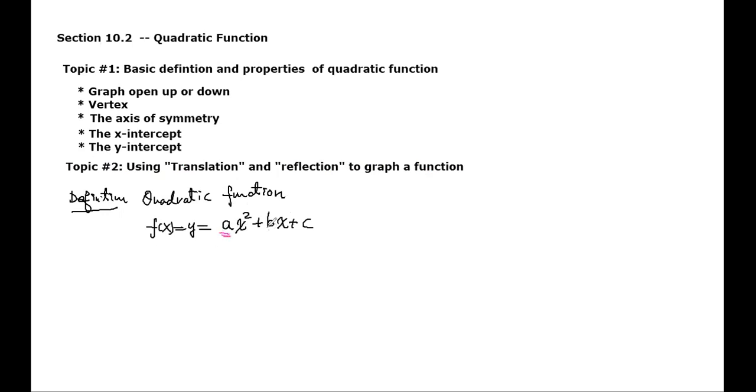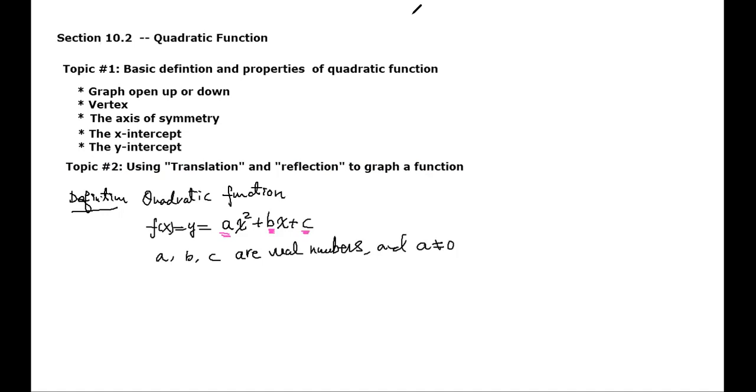So A, B, and C, those are the real numbers. And A cannot be equal to 0.